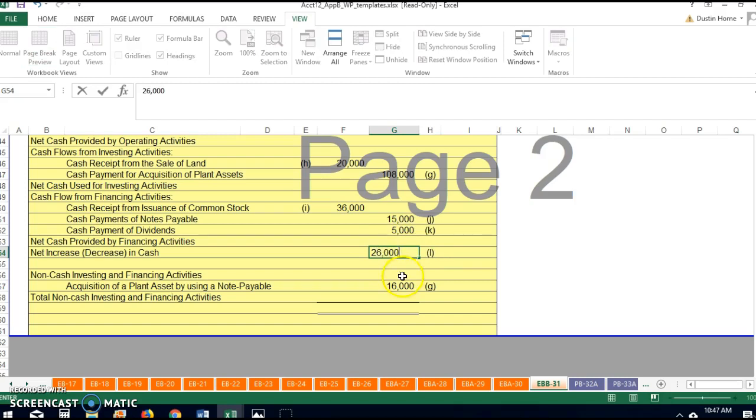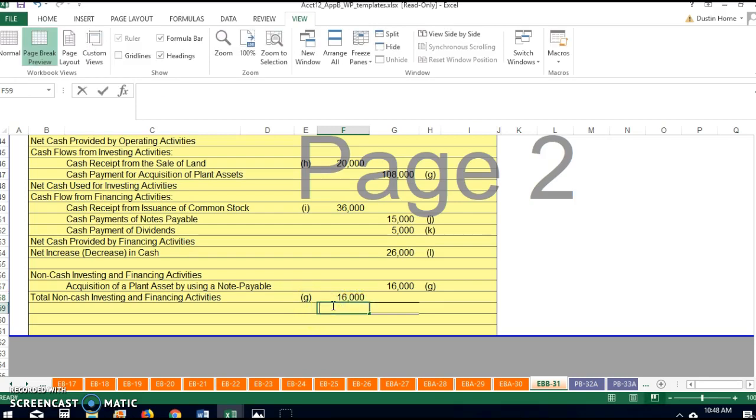Okay, and then we have our 16,000 here, and then I forgot the acquisition of a plant asset by using a note payable. We have the 16,000 here, and then total non-cash investing and financing activities, we need to put that right there, okay, so that our debits equal our credits.